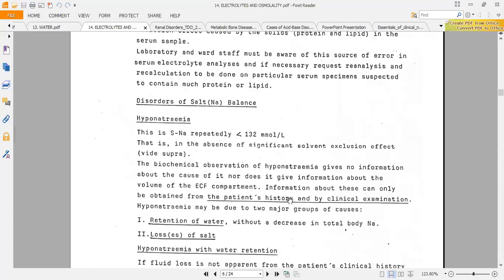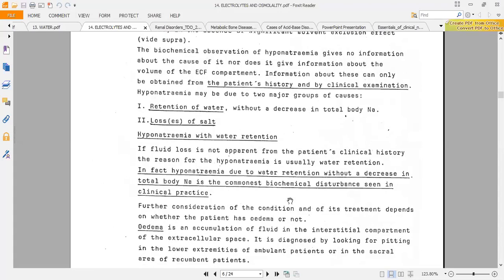If this person has hyponatremia, what could it be? It could be that the person has a lot of water, so the water retention has diluted the sodium. That's the first thing that should come to mind. The second thing that should come to mind is that the person is actually losing sodium. Or the person's sodium levels are normal, but the person has excessive water which has diluted the sodium. So there are two main things that you should look out for: one, retention of water, and two, loss of sodium. So now let's look at retention of water.